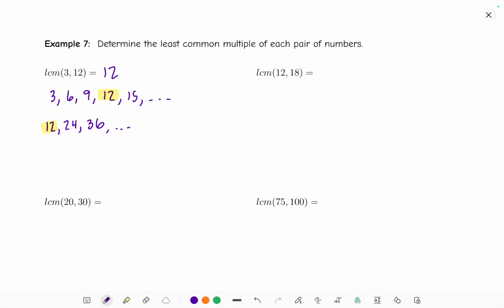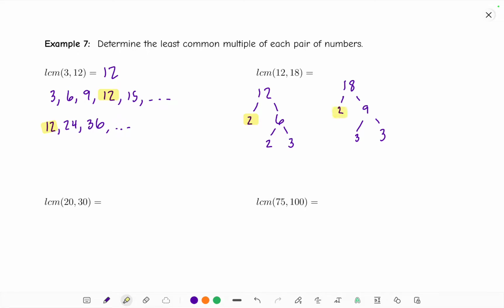Now, the factor tree method for the LCM is a little bit more tricky than the GCF. So first I am just prime factorizing 12 and 18 again. Now here, it's more like Go Fish. So you find the pairs they have in common.